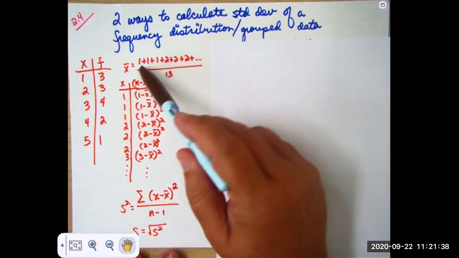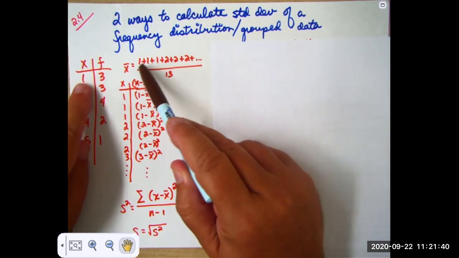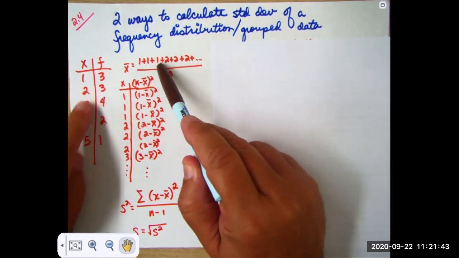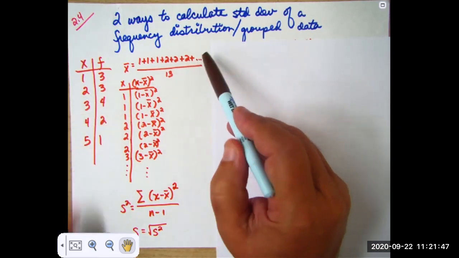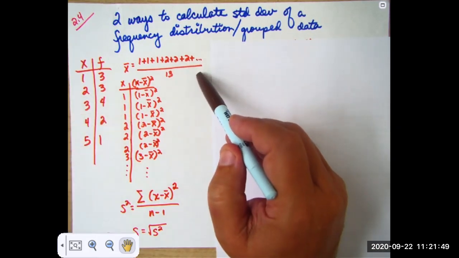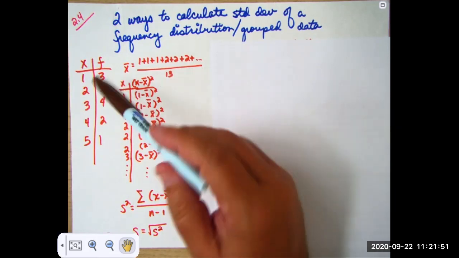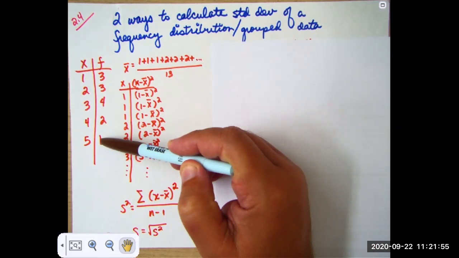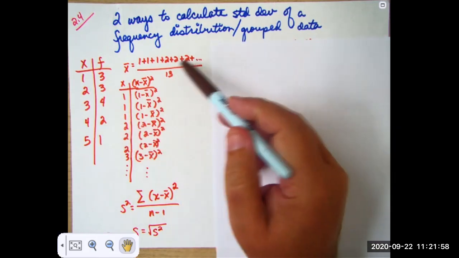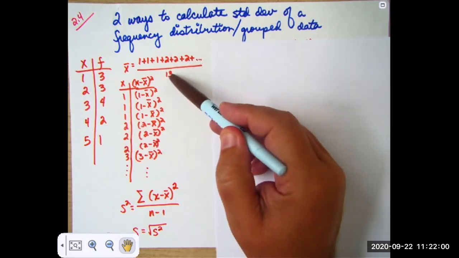To find the mean, I could go 1 plus 1 plus 1, because I have 3 1s. I got 3 2s, so that's 2 plus 2 plus 2. I keep going, and I get all of those. And then I have 3, 6, 10, 12, 13 data points total. So I divide whatever that adds up to by 13.